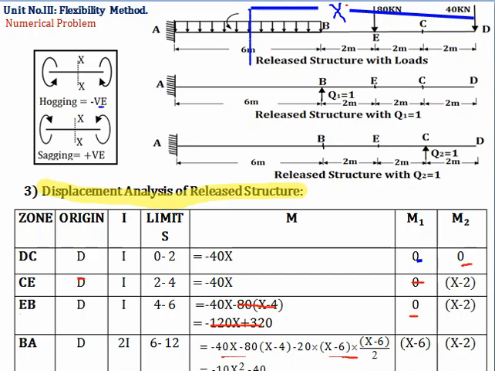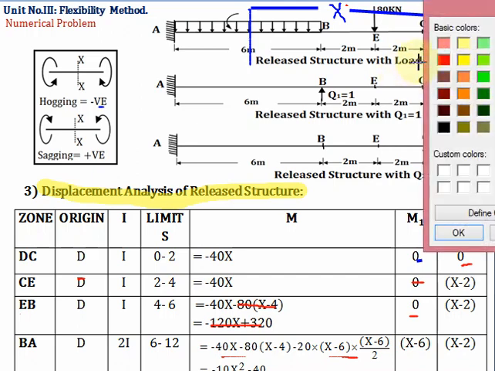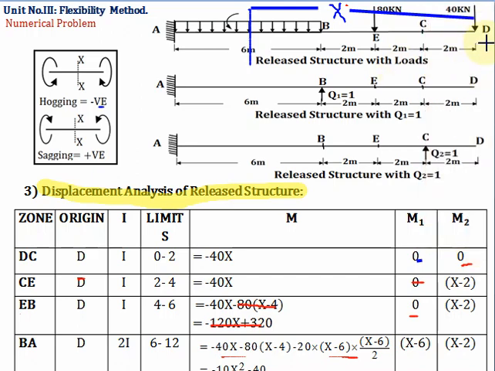Now here, due to this 40 kilonewton, the nature of bending moment will be hogging, so minus 40. And the total distance here is x, so minus 40 into x.